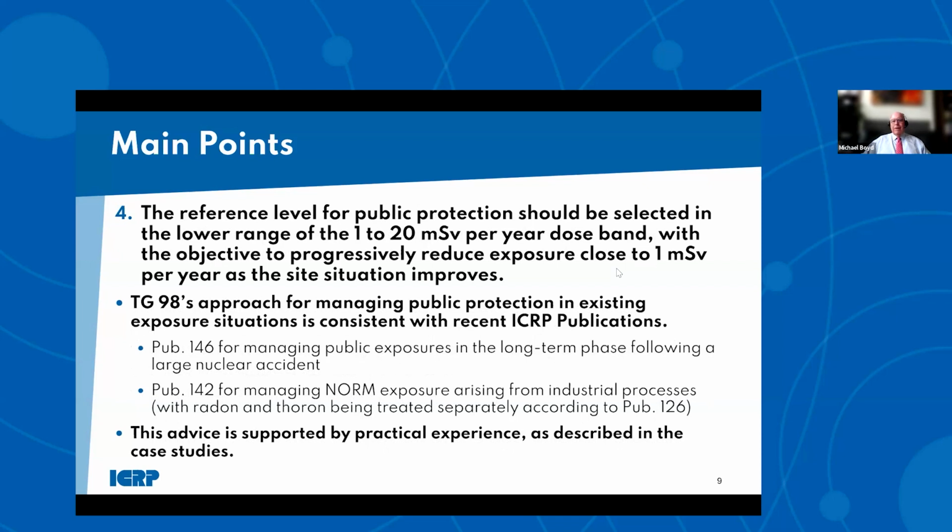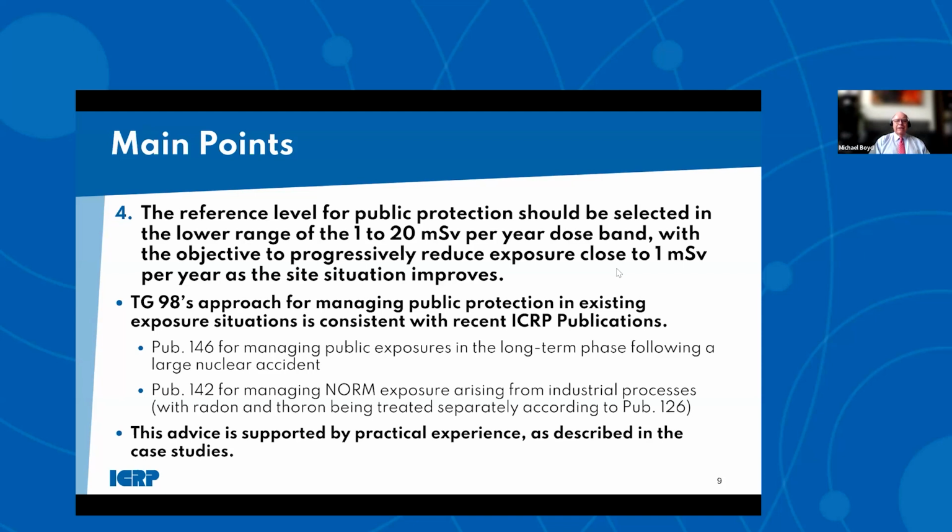So our fourth main point is that the reference level for public protection should be selected in the lower range of the 1 to 20 millisievert per year dose band, with the objective to progressively reduce exposures close to 1 millisievert per year as the site situation improves.